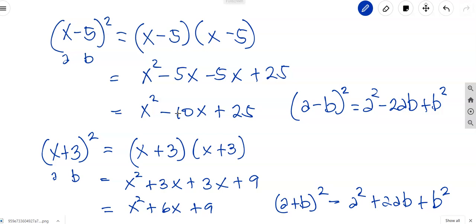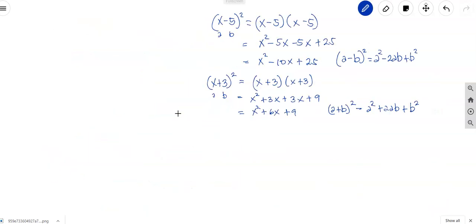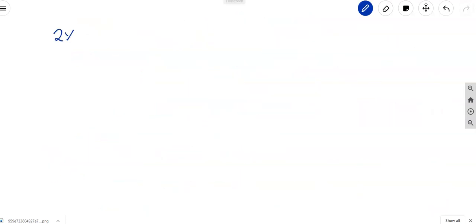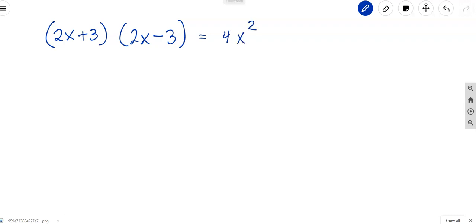Okay, another example. For example, we have 2x plus 3 times 2x minus 3. What will be the product? So we will get now 4x squared. The other one, we have minus 6x plus 6x, minus 9.